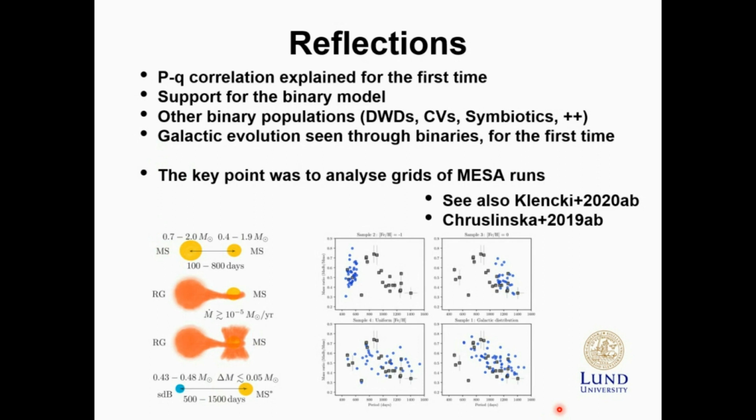And reflecting on what actually enabled us to find the solution to this puzzle, it was basically the effort we made to conduct grids of MESA runs, these stellar evolution runs. So in other words, through exploring and visualizing the effects of different parameters on the simulated sample, we were able to see which parameters are relevant to the observational data set.